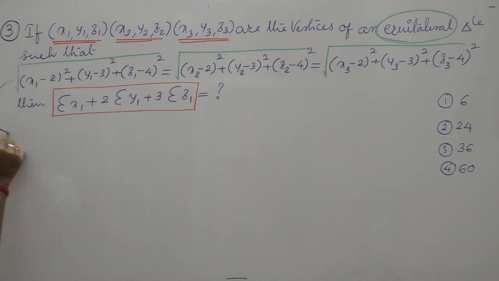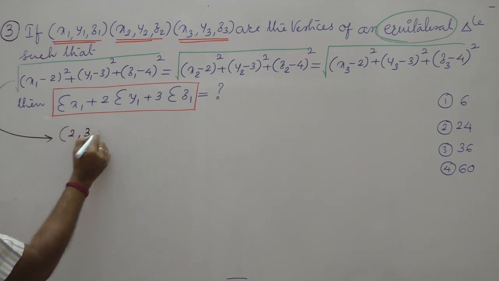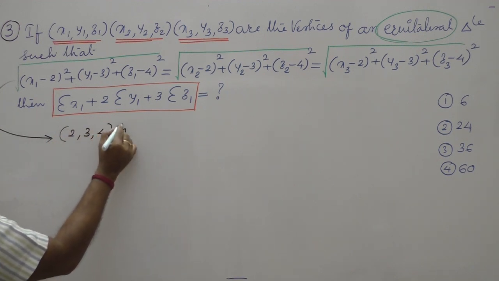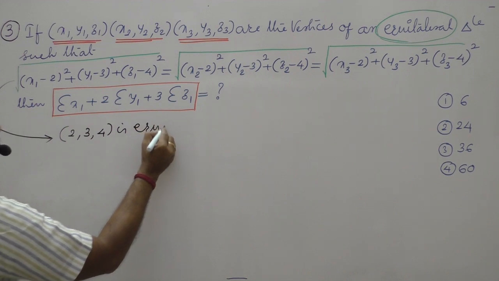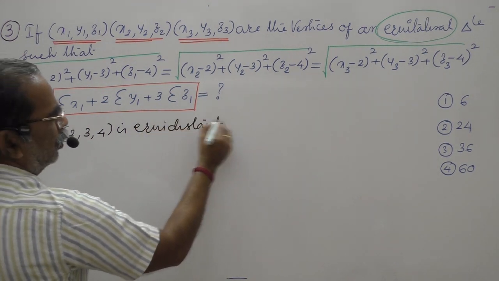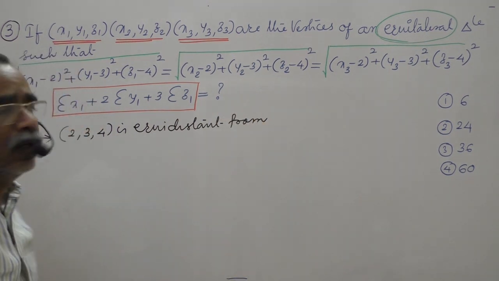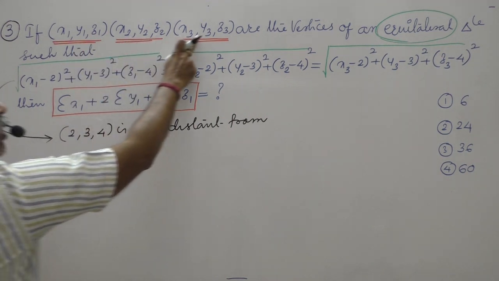Therefore, by the given equation, what can we conclude? The point (2, 3, 4) is equidistant from (x1, y1, z1), (x2, y2, z2) and (x3, y3, z3).